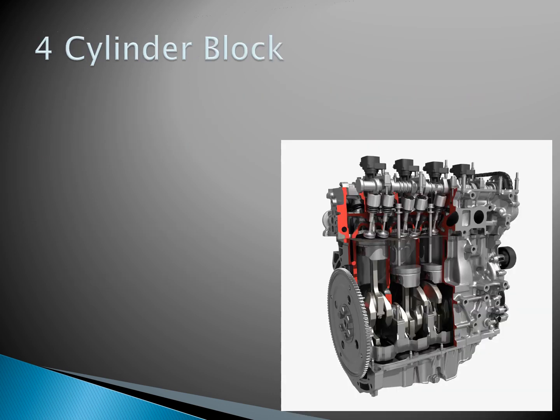All right, so here's a modified cutout of a four-cylinder block. That big round object on the left-hand side with the notches cut out of it is a flywheel. And then you see your crankshaft in there, which we'll look at in just a second, and we've got our pistons.